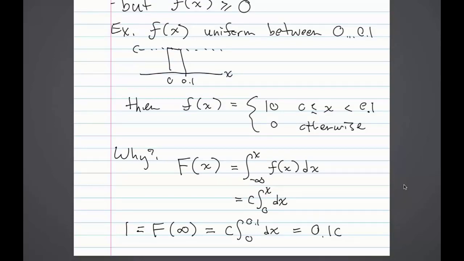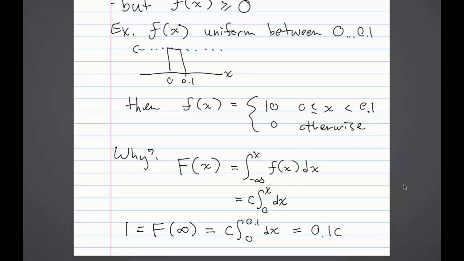Because little f of x is the derivative of big F of x, big F of x is the integral of little f of x. In the integral, we can take the constant c out and then calculate the integral from 0 to x.